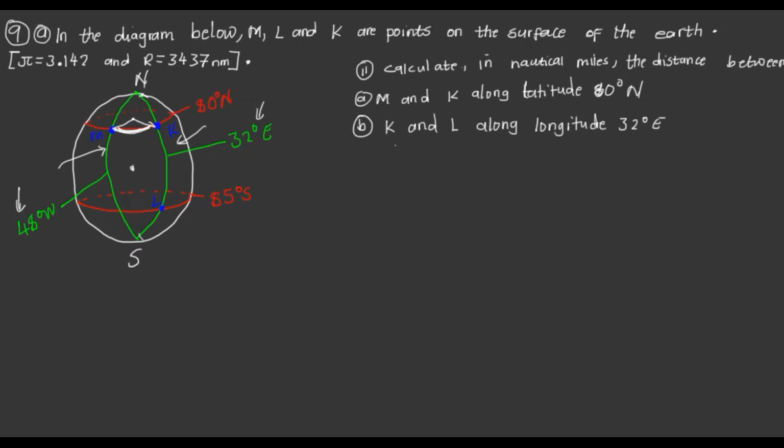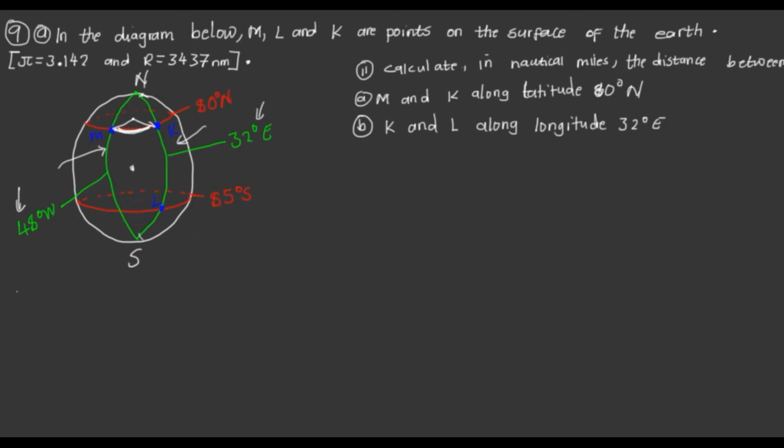The distance that we are trying to solve lies on the latitude. Distances along a latitude, except the equator, are found on small circles. The latitudes, apart from the equator, are known as small circles.